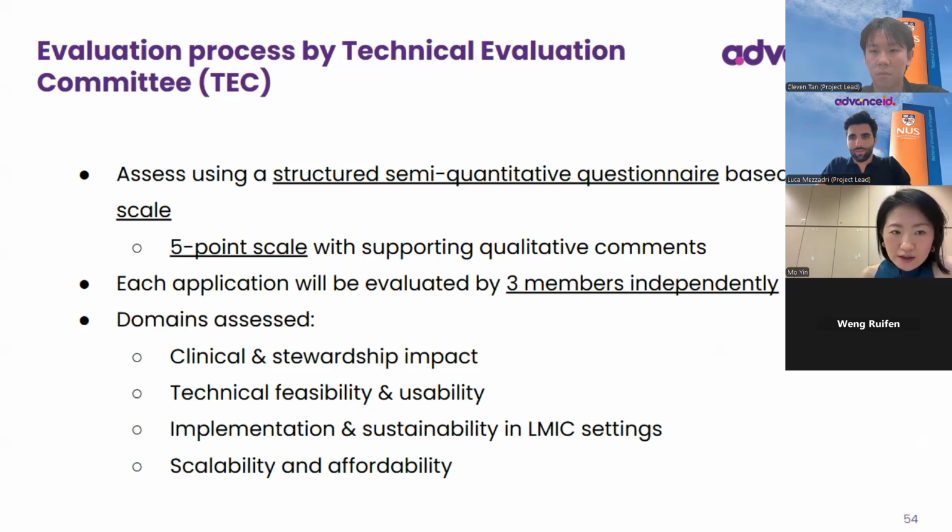And our technical evaluation committee is formed by regional experts from all the major countries within Asia. And the domains we are looking for is very closely aligned with our TPPs. Namely, they are the clinical and stewardship impact, technical feasibility, implementation and sustainability, and lastly, scalability and affordability.